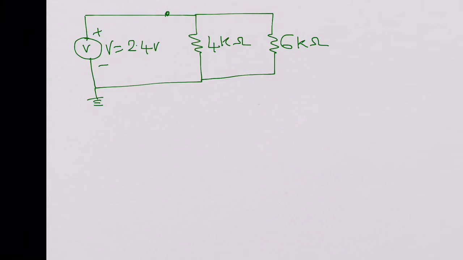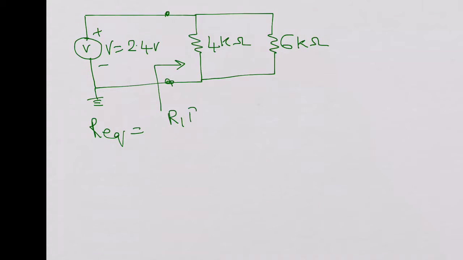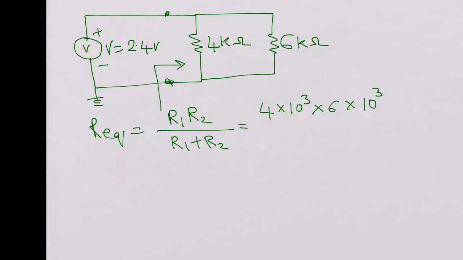Now if we calculate the equivalent resistance of this circuit of the two resistors in parallel, R equivalent would be R1 R2 divided by R1 plus R2, which would be 4 times 10 to the power 3 multiplied by 6 times 10 to the power 3, that's the 4 kilo ohms and the 6 kilo ohms, over 10 times 10 to the power 3, that is R1 plus R2, which works out to 10 kilo ohms.